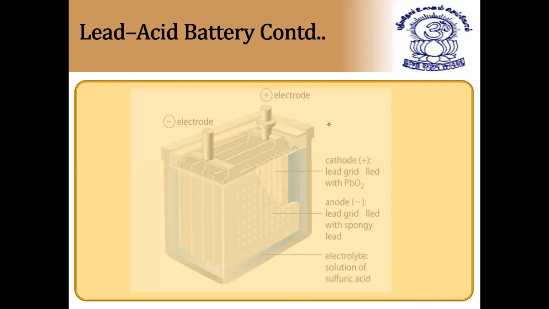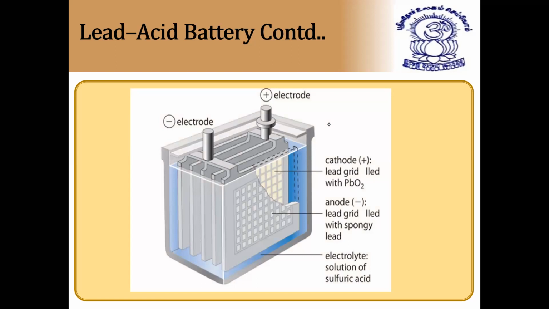Next. So this is the lead storage battery. A clear picture is given. This big battery you can use in motor vehicles, and its cathode is nothing but a lead grid. Grid means, as I told you, sheets of lead with lead dioxide, and the anode is a lead grid with spongy lead, and the electrolyte is a 38% solution of sulfuric acid.